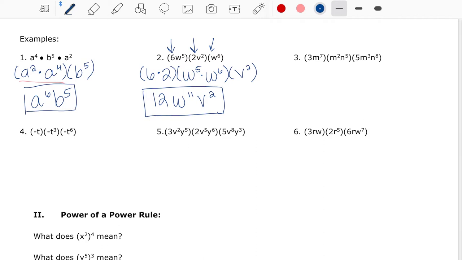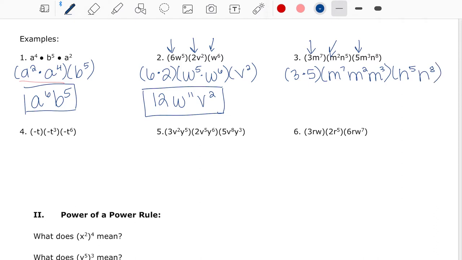So the same thinking for number 3. I have a coefficient of 3. The coefficient right there is 1, and the coefficient here is 5. So I will take and group all of my coefficients out front. Then I'm going to group my same bases. So we have m to the 7th, m squared, and then m cubed, and now n to the 5th, and n to the 8th.